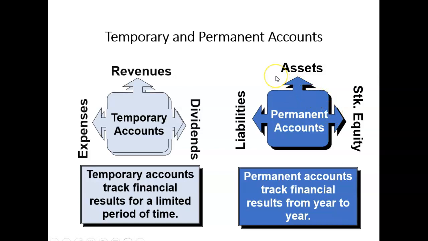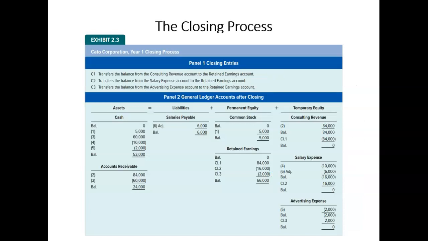So, for example, if at the end of the year you have $10,000 in your cash account, that $10,000 balance will become your cash account beginning balance for the next year because that account is a permanent account. Okay?